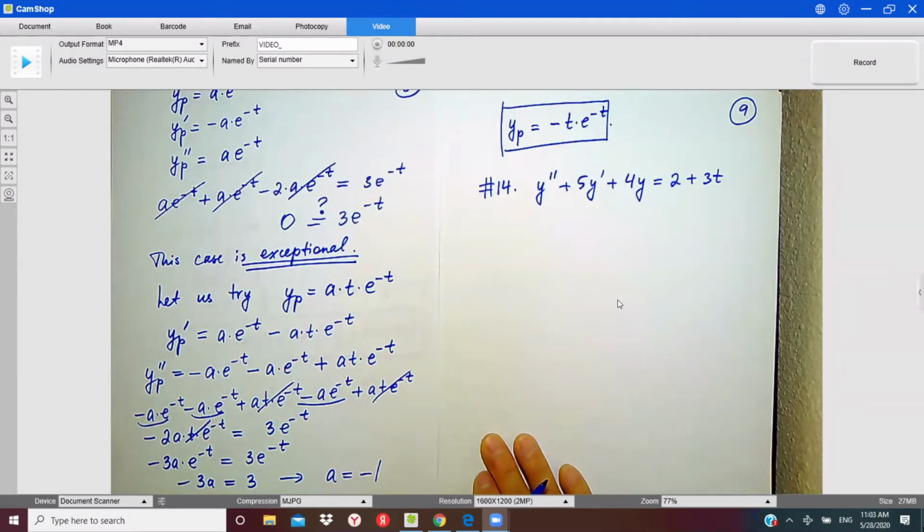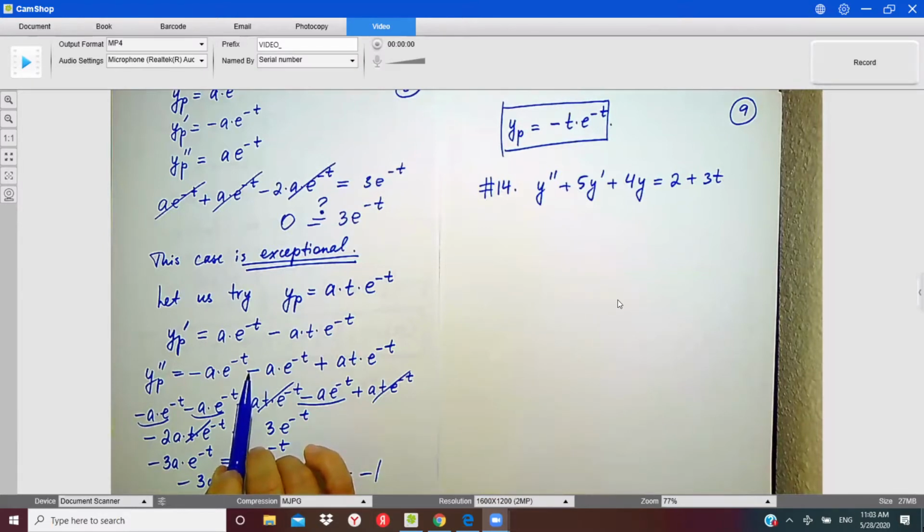Oh, wait, just a moment. I'm sorry, I was reading the wrong problem. Use the technique shown earlier to find a particular solution for the given DE.